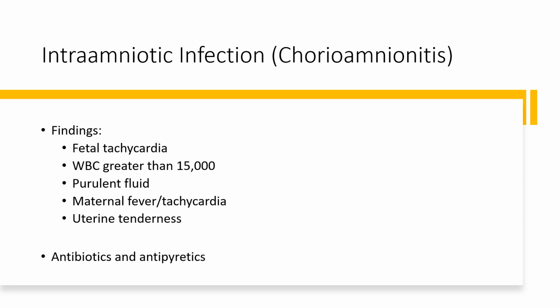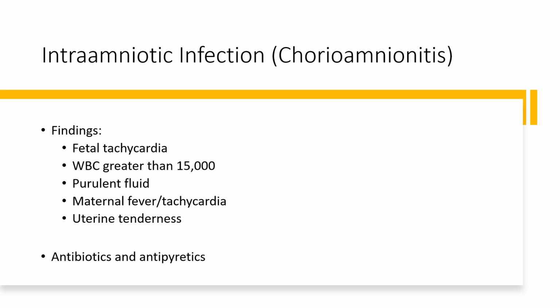If you do blood work on mom, her WBCs are going to be elevated greater than 15,000. Her fluid, so the amniotic fluid, is purulent. It's got quite an odor to it. Mom's going to have a fever and she's going to be tachycardic, and the uterus itself is just going to be tender. So if you touch her belly, it's really going to hurt. It's just that buildup of that infection within that uterus.